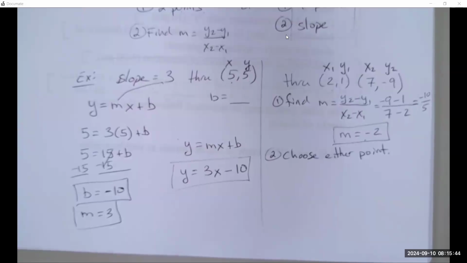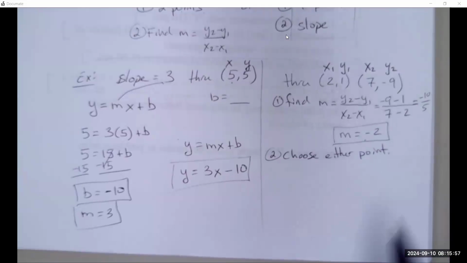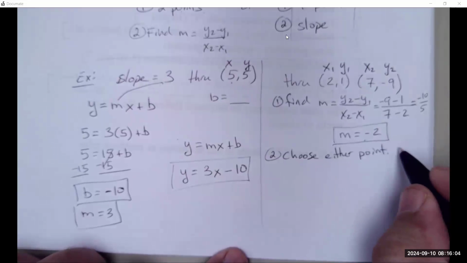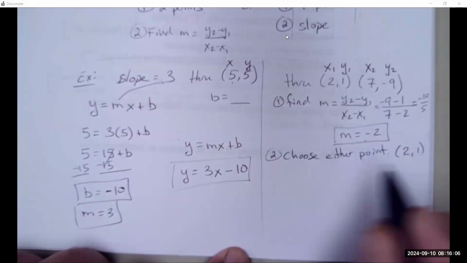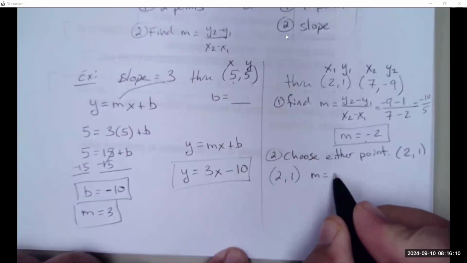Which point would you use? 2, 1. Keep away from negatives. And if it has 0, keep away from negatives and fractions. If they have a 0, use that. And if they have just regular numbers, they're all doable. It's just that some of them have less chance of mistakes. So I'm using 2, 1.